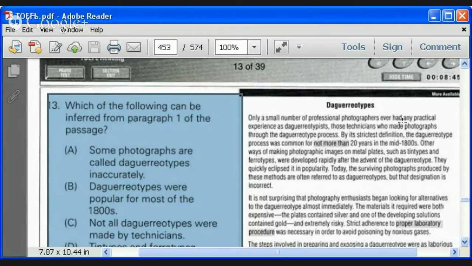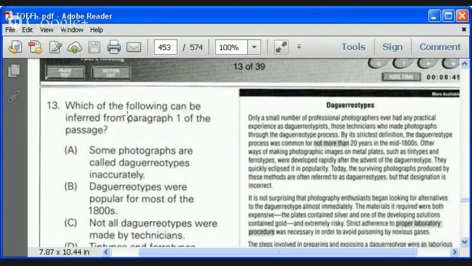In addition, very often the question itself will point you to where the answer is. It will say paragraph 1, or you might be looking for a highlighted word or phrase. So for many of the questions, it's very easy to scan for the information.